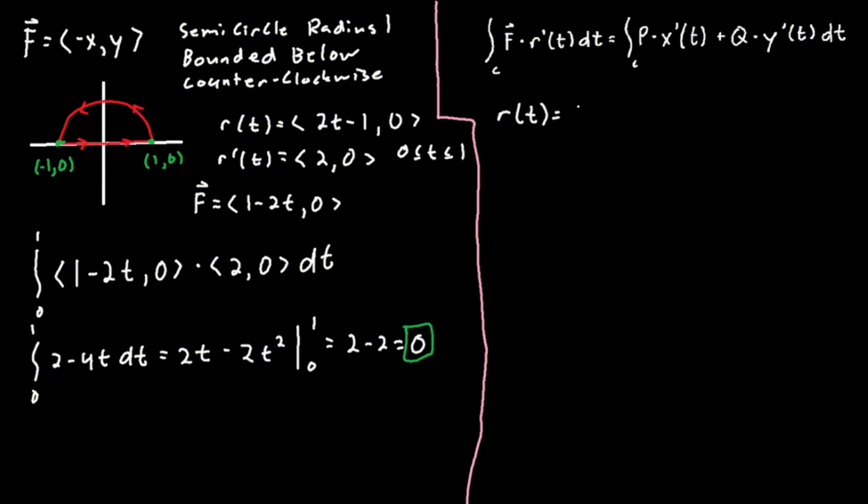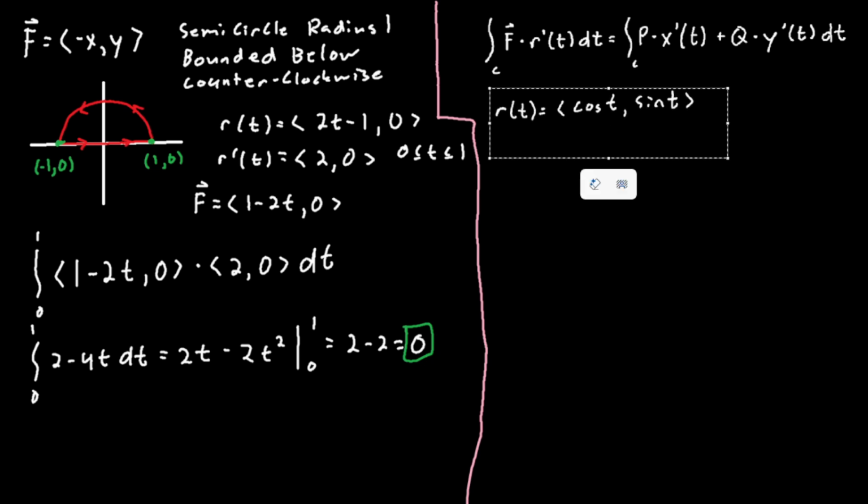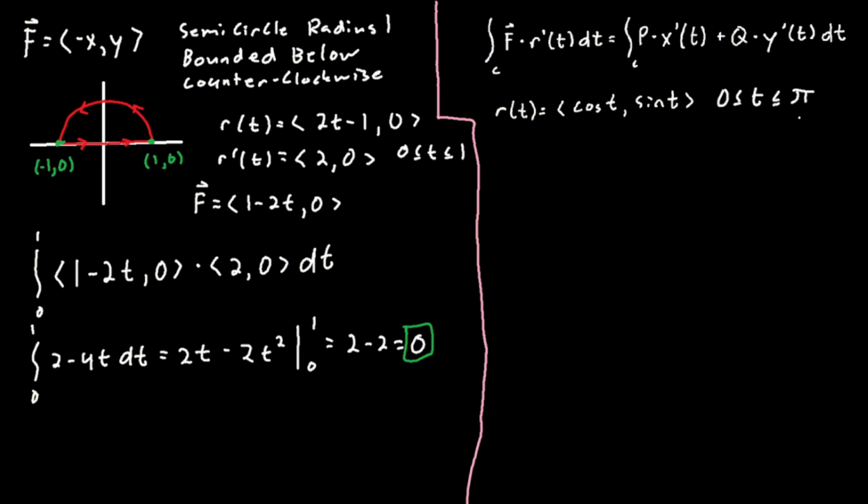Parameterization of a circle, in a counterclockwise orientation, is cosine of t, sine of t. And your boundary for this, let's make this smaller so I can write the boundary on the other side, right here. Your boundary for t would be from 0 to pi.